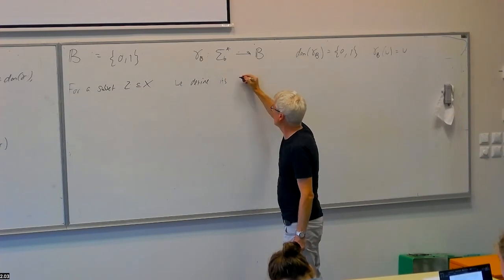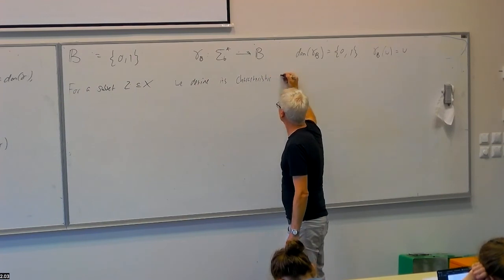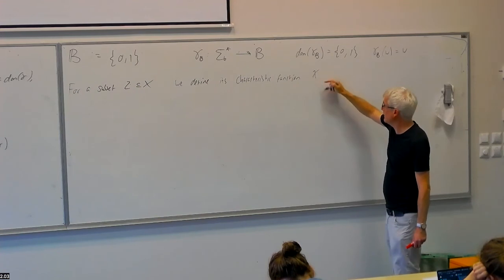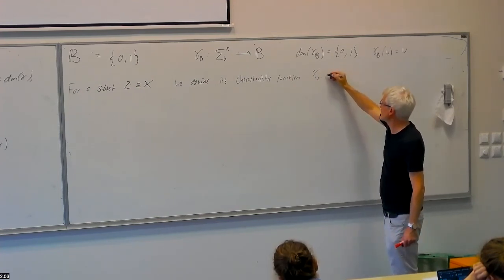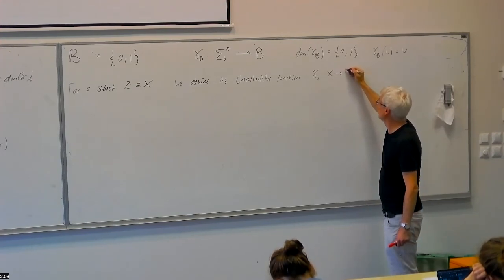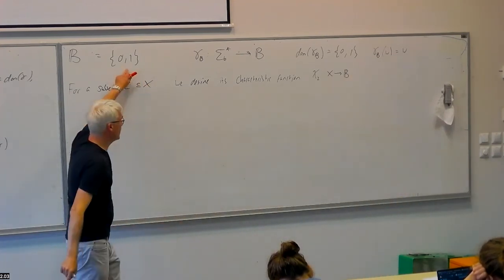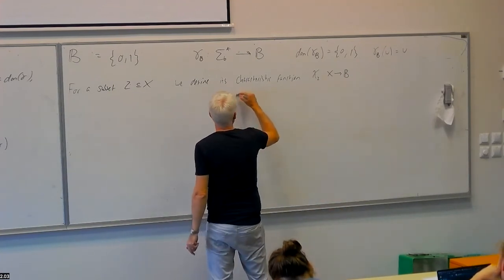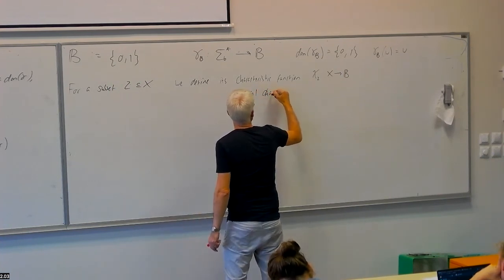Its characteristic function, often written as chi of Z, also sometimes called the indicator function, goes from the set X to the set of bits or booleans, 0, 1. And I'm going to define another version of the characteristic function, a partial characteristic function.